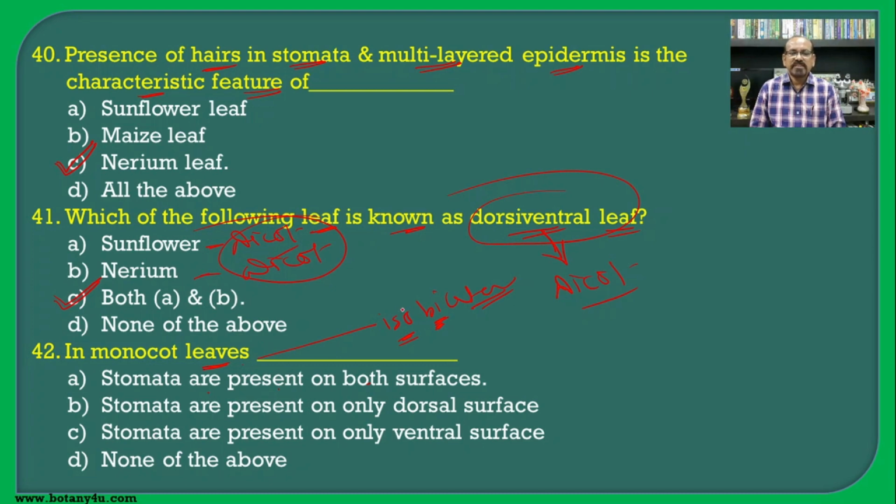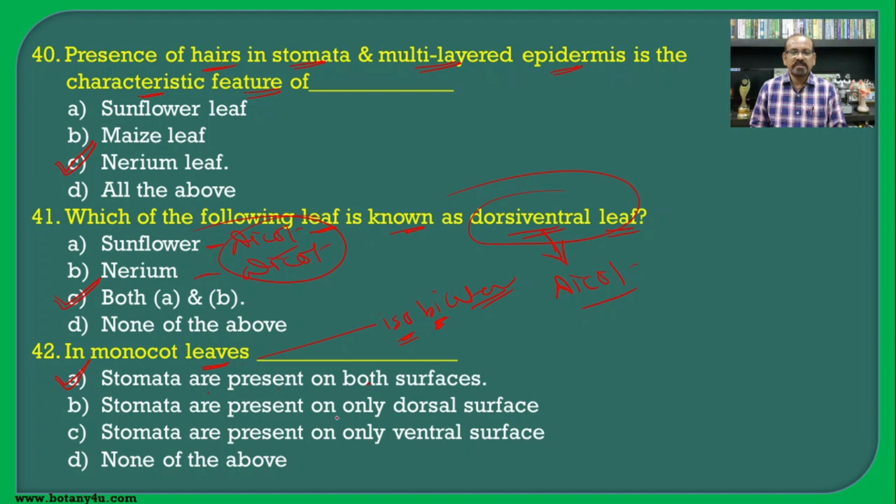So if we see this leaf from both the sides, from the dorsal or the ventral side, we will see it is the same, because of the presence of the stomata on both the sides, as well as because the mesophyll cells are not differentiated into the palisade and the spongy parenchyma. Hence stomata are present on both the surfaces in the monocot leaf, which is the correct answer.